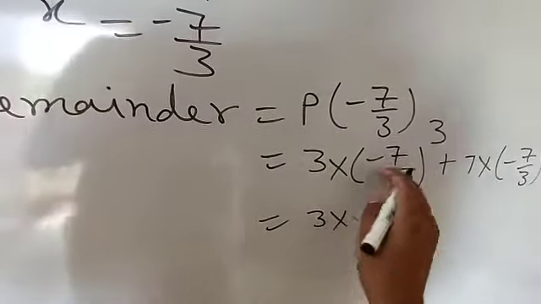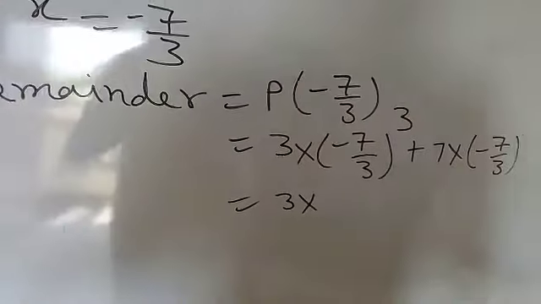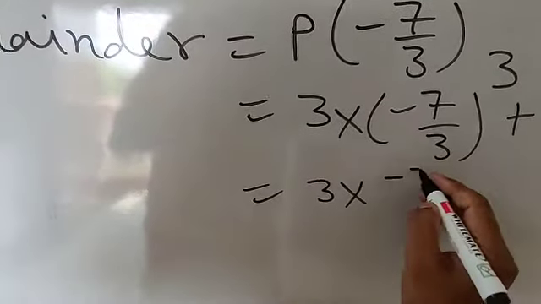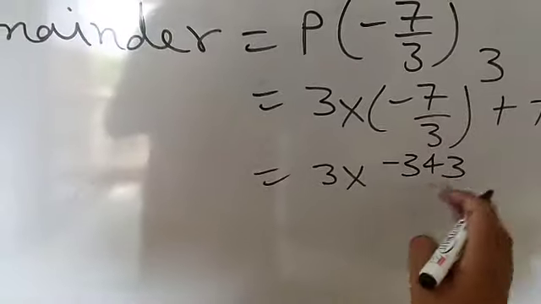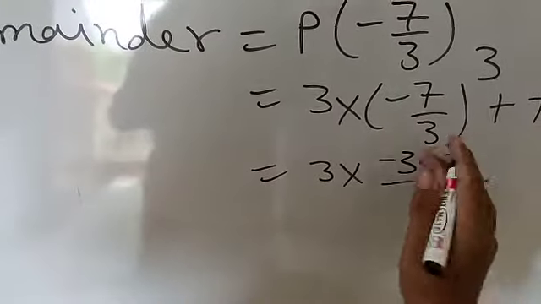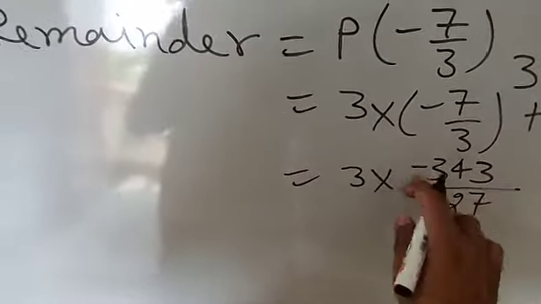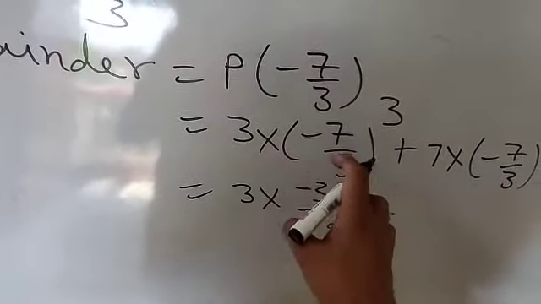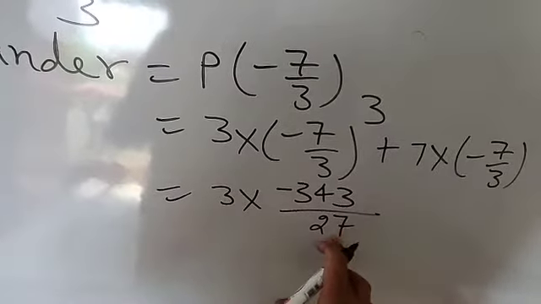3 into (-7)^3 will be -343. 7 cubed is 343 and 3 cubed is 27, and the cube of a negative is always negative. So 3 multiplied by the cube of -7/3 is -343/27.